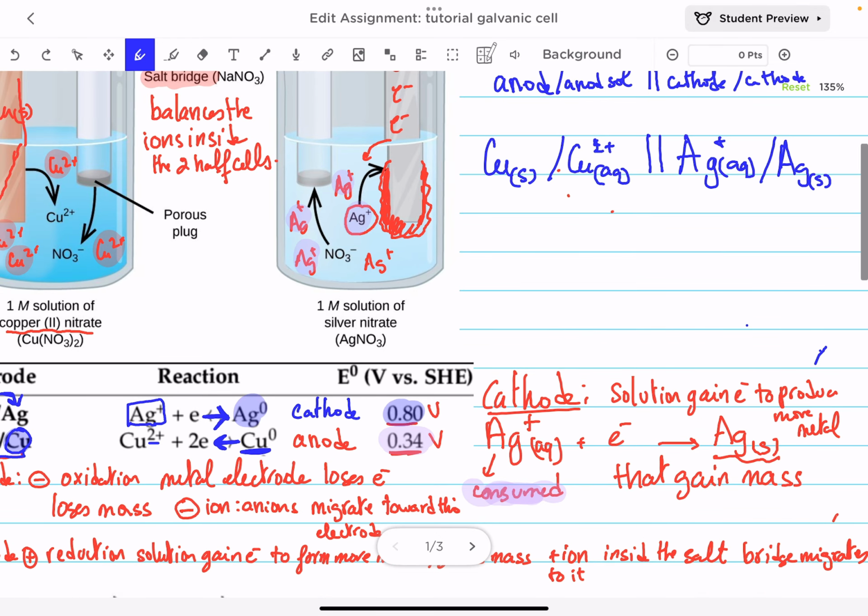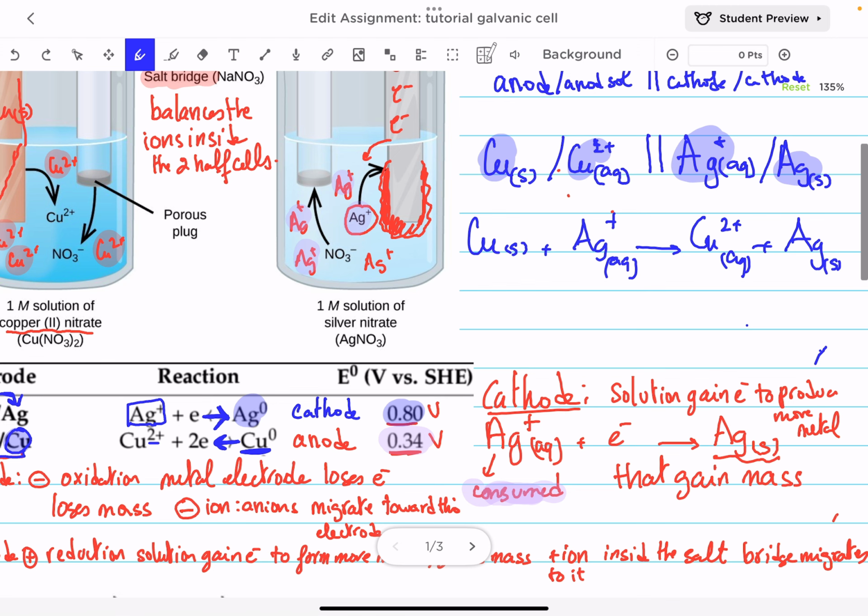Now from this cell notation, I can also write an equation. Copper plus silver ion gives copper solution plus silver metal. Now, of course, this equation needs balancing.